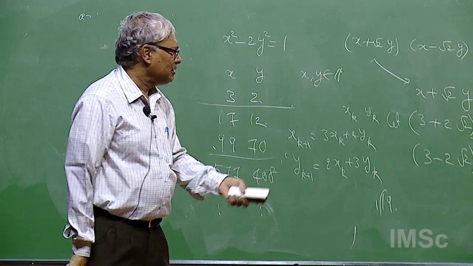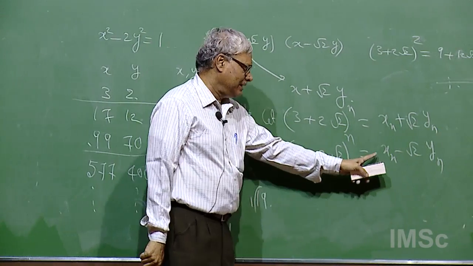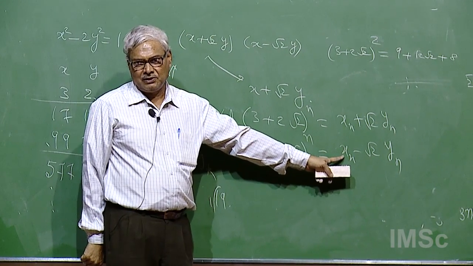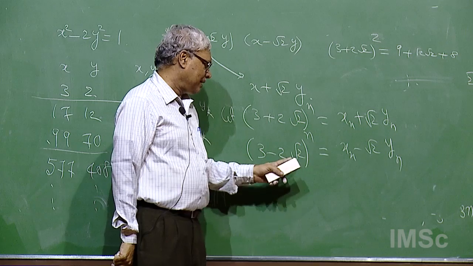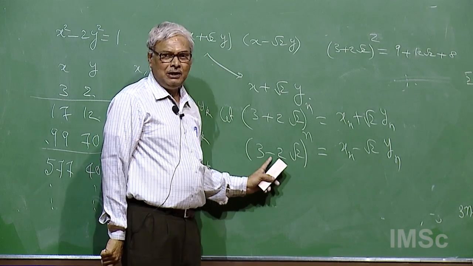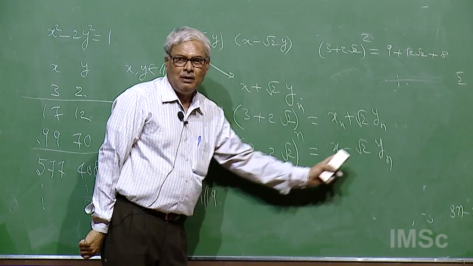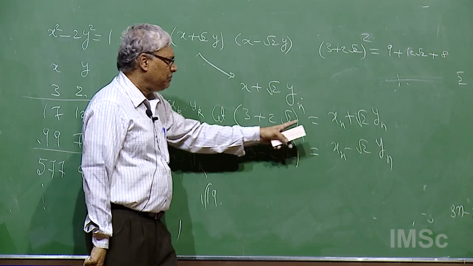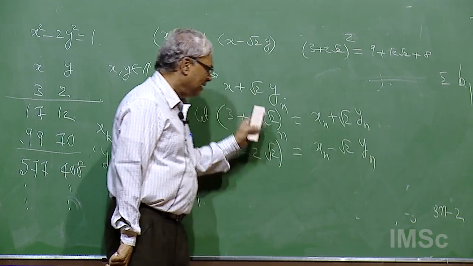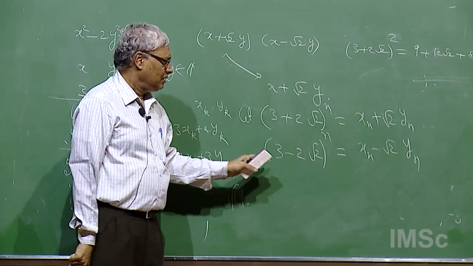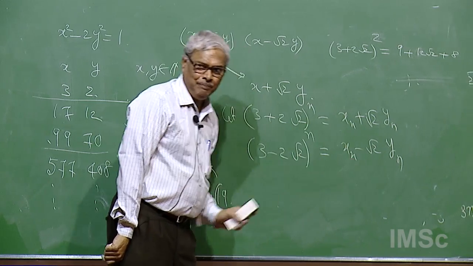The even powers of root 2 will have positive signs, and they will again add up to xn. All the terms containing root 2 will have negative signs, and they will add up to yn. So if 3 plus 2 root 2 whole to the power of n is xn plus root 2 yn, it's something like taking conjugates. 3 minus 2 root 2 whole to the power of n will be this.